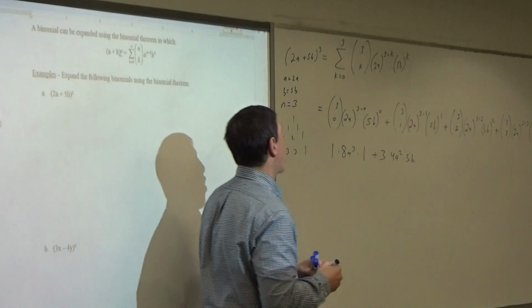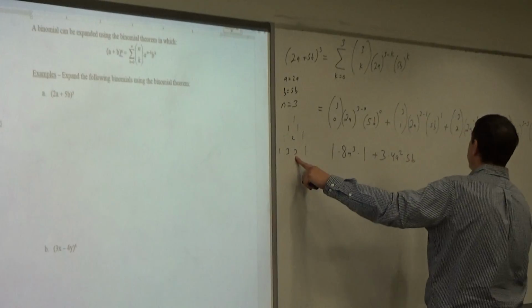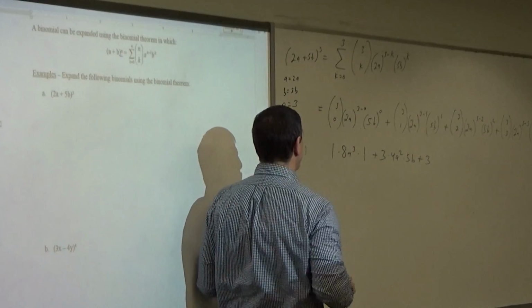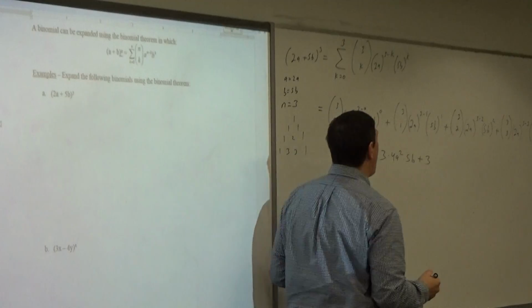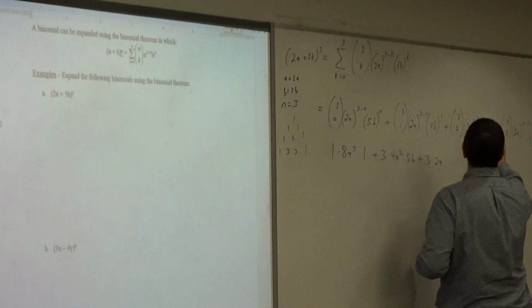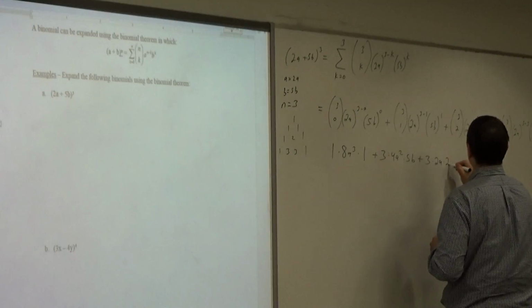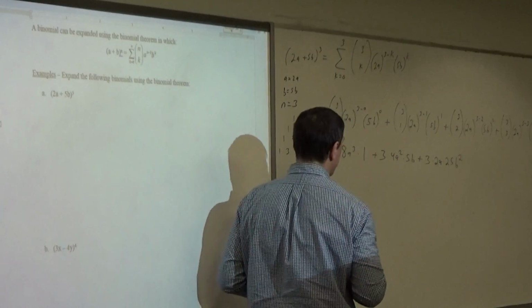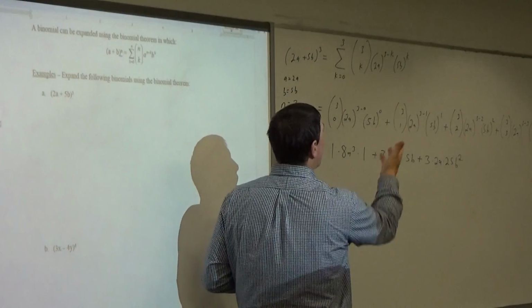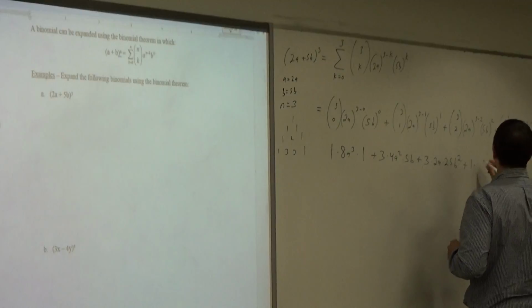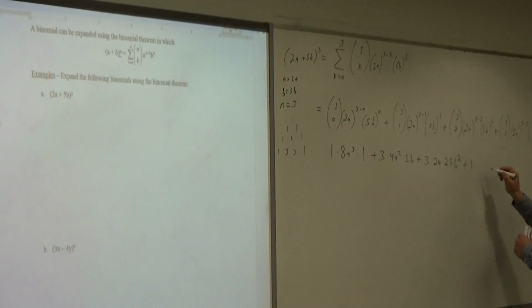For our third term, we already know what 3 combination 2 is. 3 combination 2 is 3. I just looked right at Pascal's triangle. 2a to the first is going to be 2a. 5b squared is going to be 25b squared. And then finally, guys, for the last one, 3 combination 3 is 1. 2a to the 0 is 1.